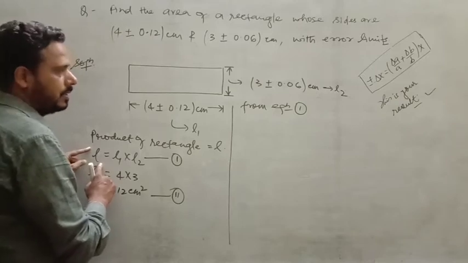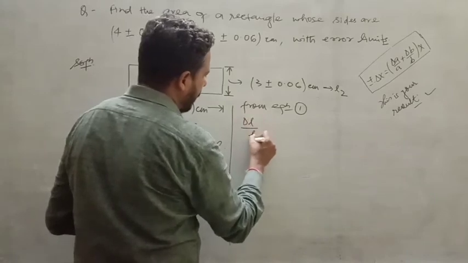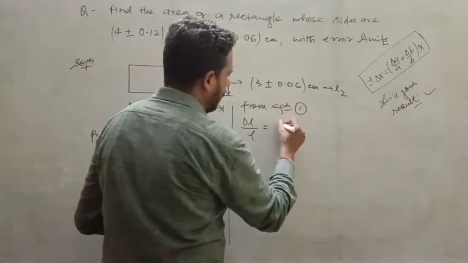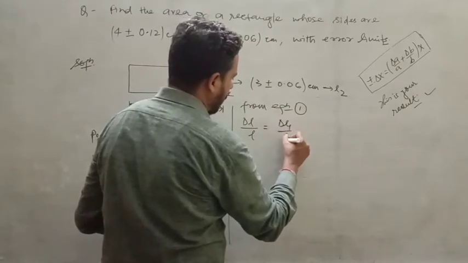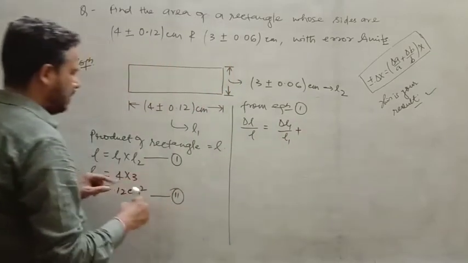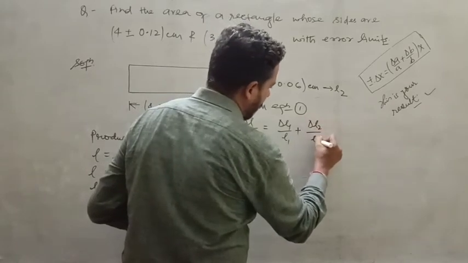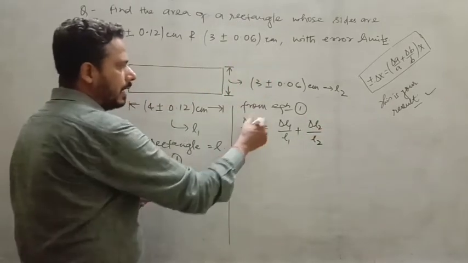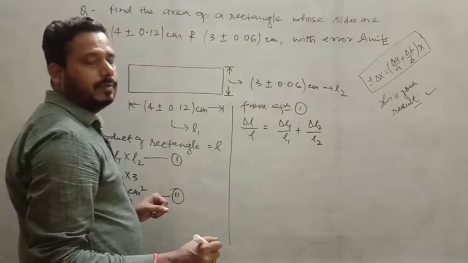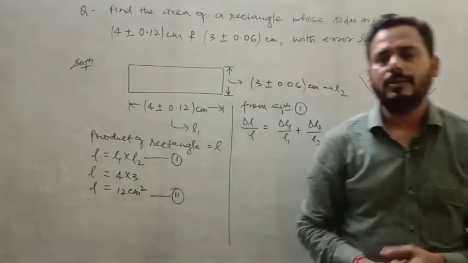So just evaluate this one: delta L by L is equal to delta L1 by L1 plus delta L2 by L2. Now from here you can calculate this delta L, because delta L is the absolute error that you have to calculate.